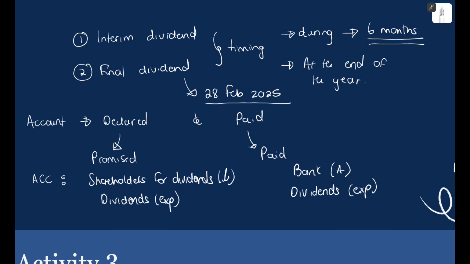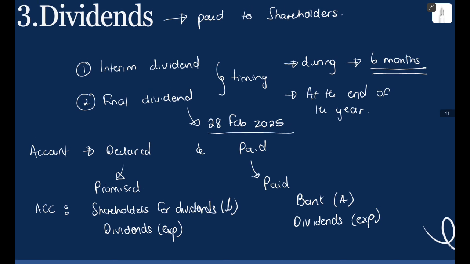With your declaration, remember, it's a promise, it's not yet paid, so you can't use bank. You need to use a liability account, and that liability account would be shareholders for dividends. Then the contra account would be dividends. Then whenever you pay a dividend, it is now paid, so your bank account would be affected, and then the contra account would be dividends. And that's how we account for dividends.